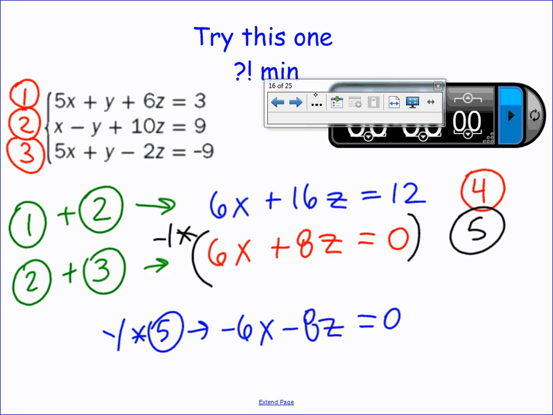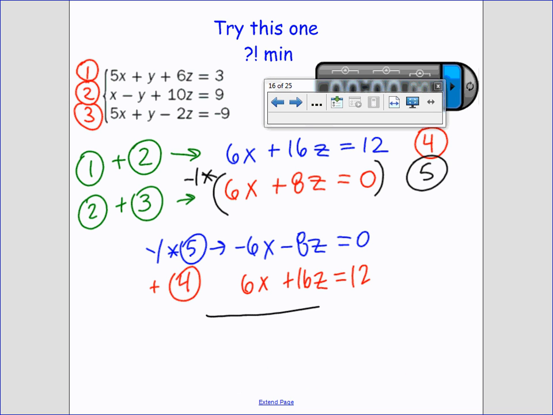When combining that with equation 4, rewritten as 6x plus 16z equals 12, that would create exact opposites in the x's. And so now I'll add these together, and I'll get 0 x's plus 8z equals 12.